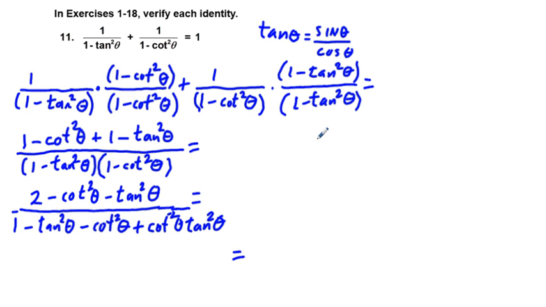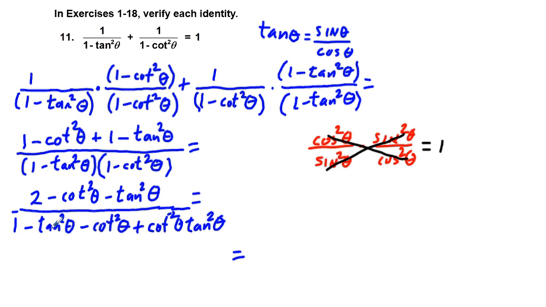Cotangent squared theta we can rewrite as cosine squared theta over sine squared theta. And tangent squared theta we can rewrite as sine squared theta over cosine squared theta. And what do we have here? Well, we can cancel these out, and this equals 1.